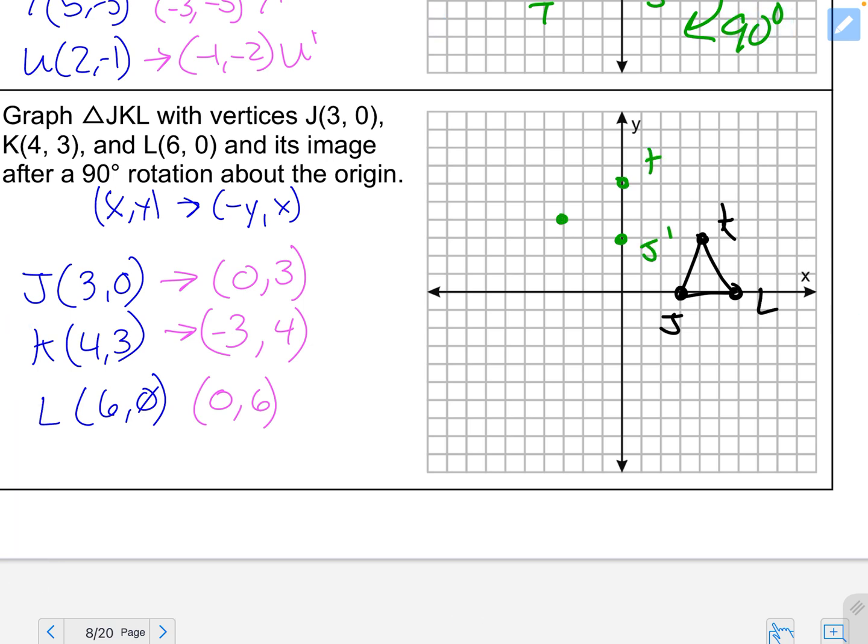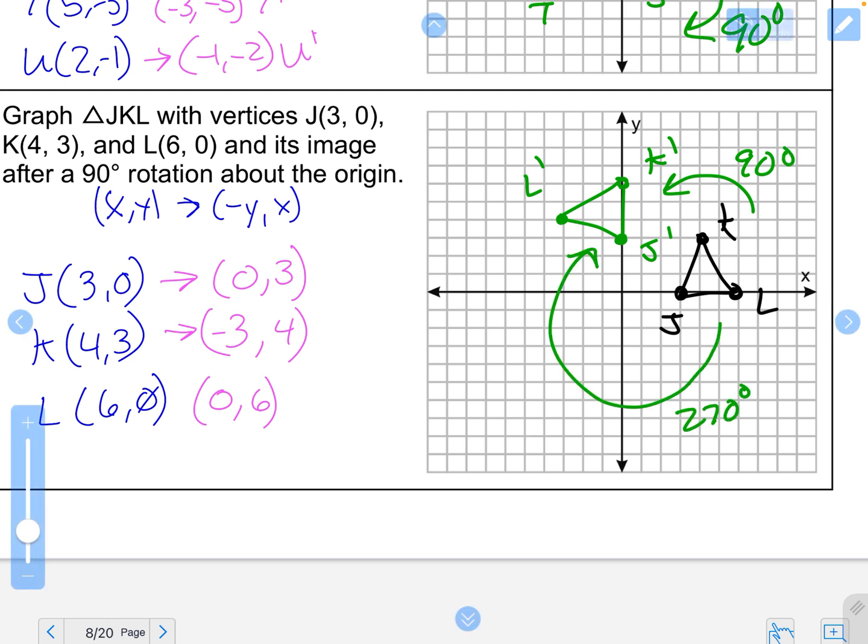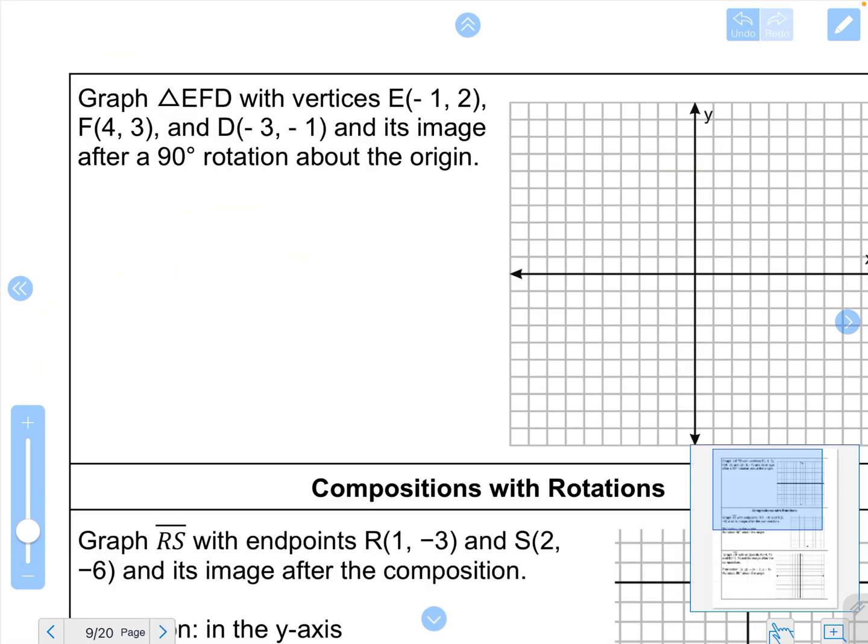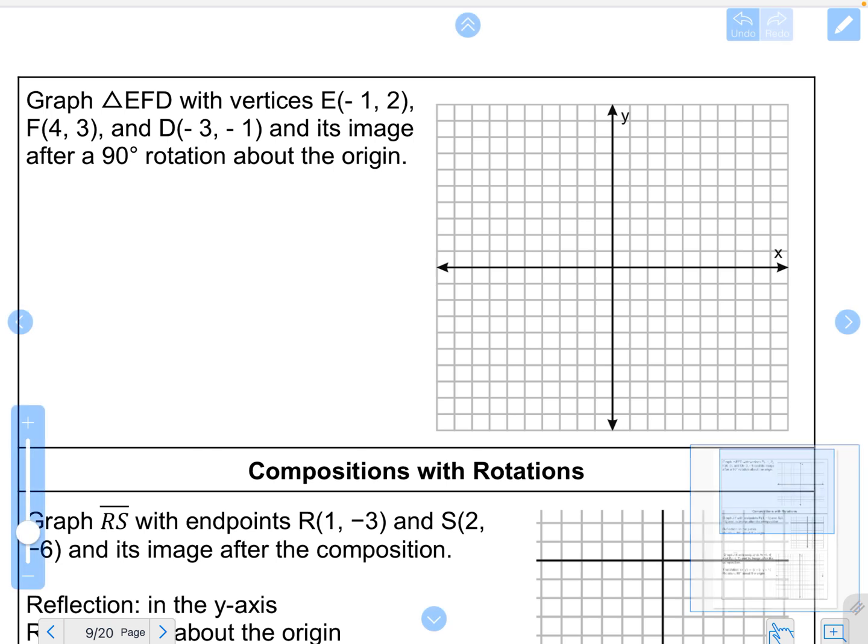So J prime, K prime, L prime. And again, that is 90 degrees counterclockwise or 270 degrees clockwise. Sorry, guys. All right, I want you to do this one on your own, and I want you to check with your completed class notes.